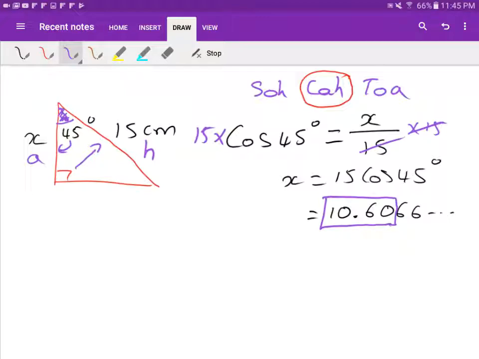So before you write 10.60, you need to look at the number after the 0, because 0 is the last digit of 2 decimal places. Because it's 6, more than halfway, you add 1 to it. So 0 plus 1 is 1, and your answer is 10.61. Remember, don't forget to put the unit on. So 10.61 centimeters.